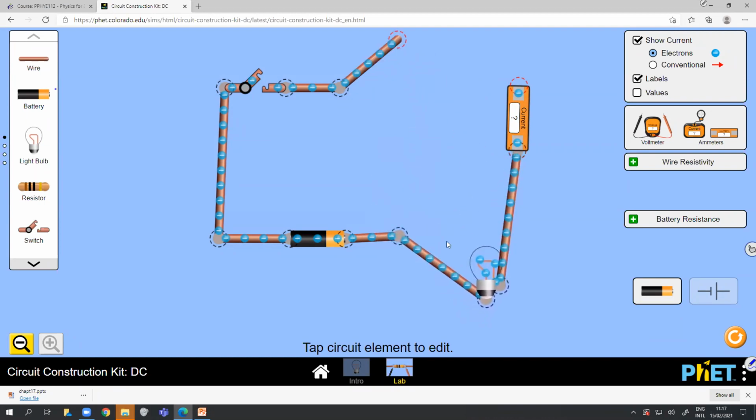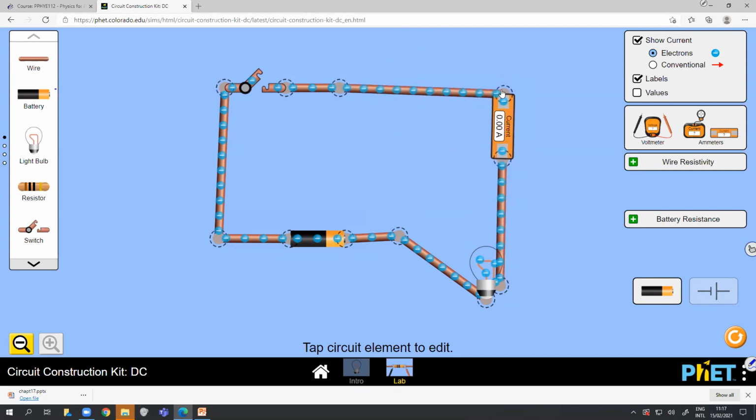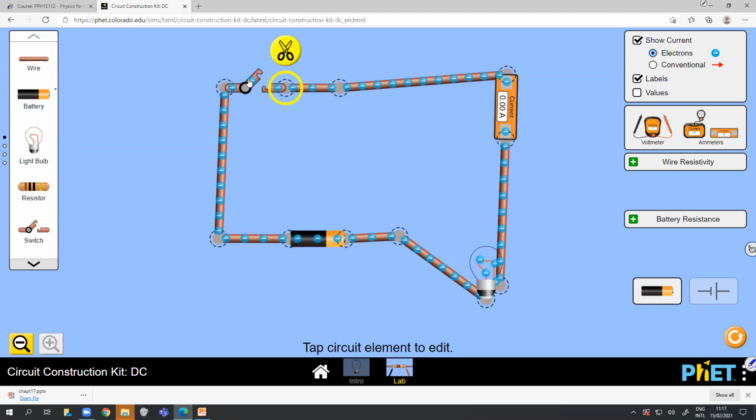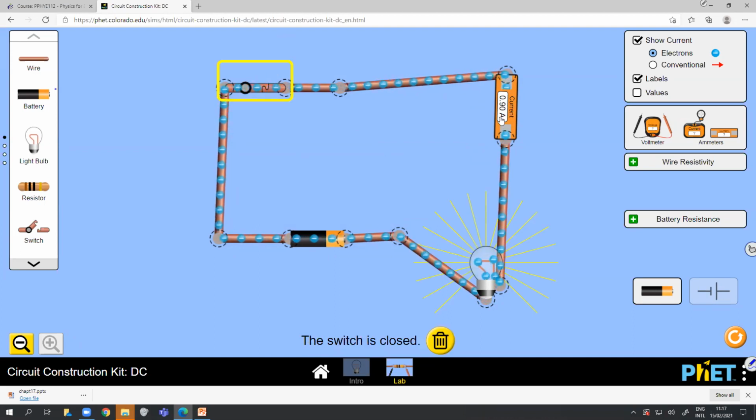Whatever the current that flows through the bulb will flow through the ammeter. So if I do this, it's fine. Now it is the way I wanted it. So whatever the current that flows through the bulb will flow through the ammeter also and come back. Let me switch it on, then you can see. Yeah, see, it says 0.9 amperes.